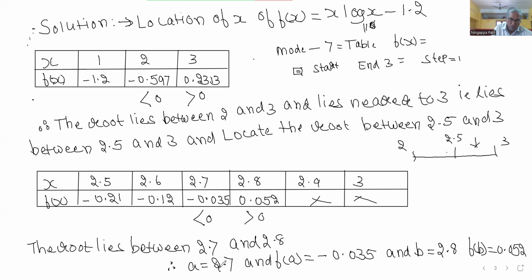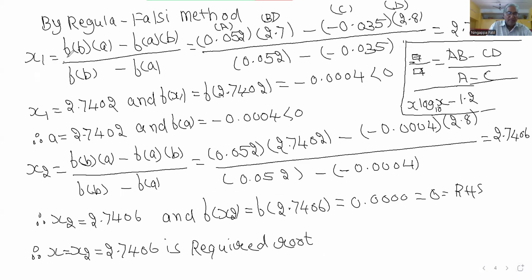A equal to 2.7 and f(A), look here, the f(A) value is here, minus 0.035. And this is the B value, 2.8, and f(B) value, this is 0.052. And put these values in the formula.